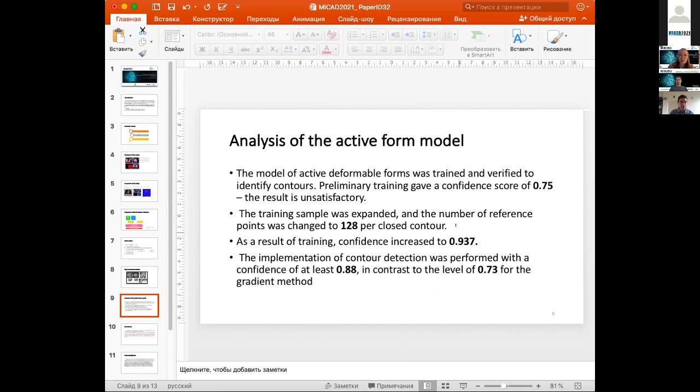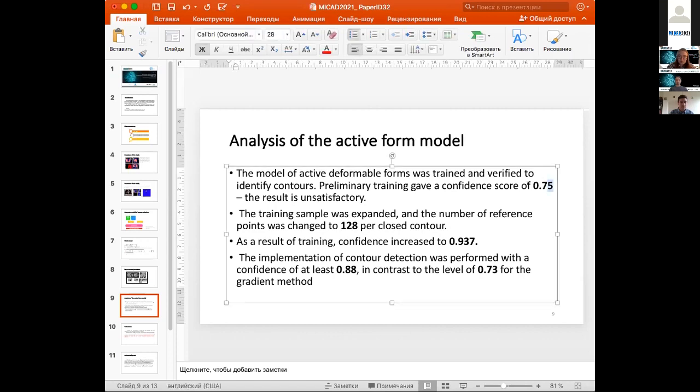Analysis of the active shape model. The model of active deformable forms was trained and verified to identify contours. Preliminary training gave a confidence score of 0.75, the result of which was unsatisfactory. The training sample was expanded and the number of reference points was changed to 128 per closed contour.